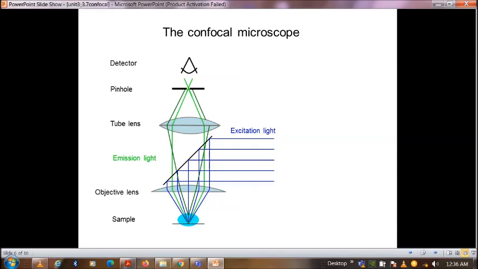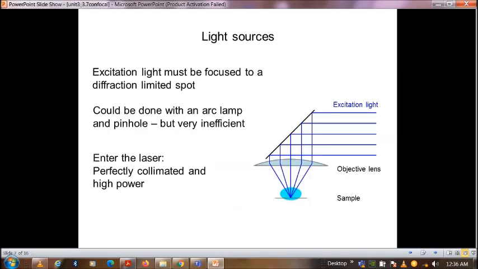If the pinhole has a wider slit, the image looks large, and if it has a smaller hole, a pointed image will be formed. So the excitation scans point by point to build up the image. The excitation light source must be focused to a diffraction limited spot, as in the figure.